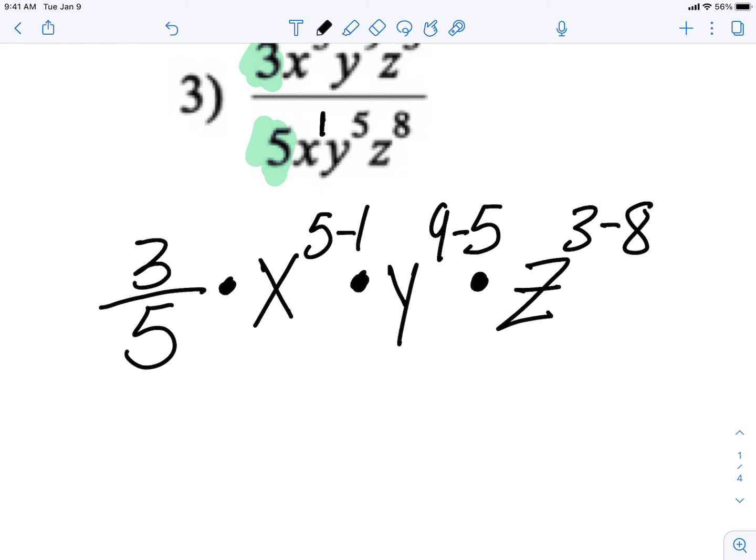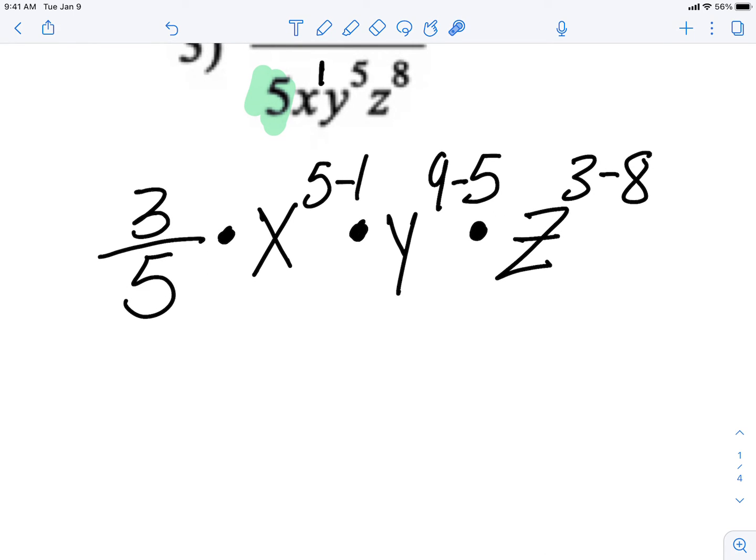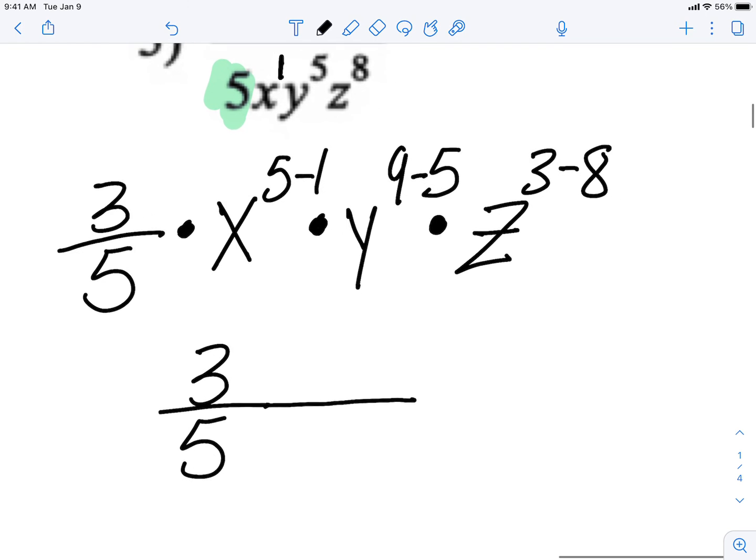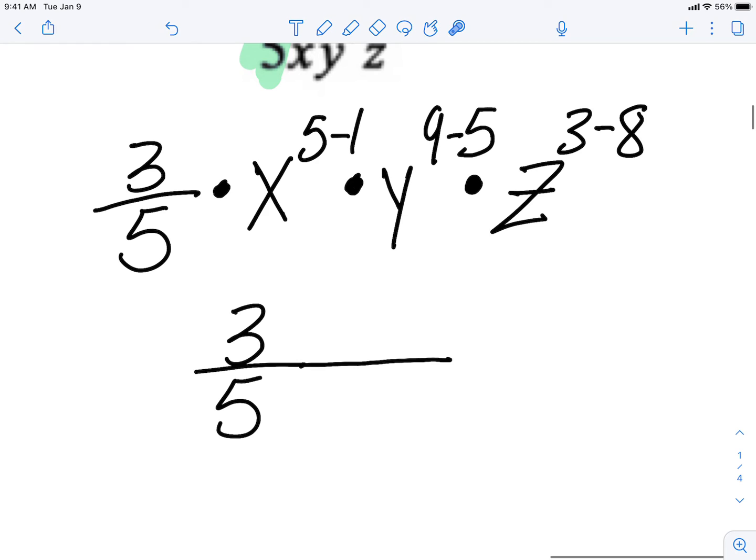All right. So 3 cannot divide by 5. And there is no number that I can reduce 3 and 5 by. So that just stays 3 over 5. Let me extend my line here a little bit. My x, let's see, x is 5 minus 1, which is just 4, x to the 4th.